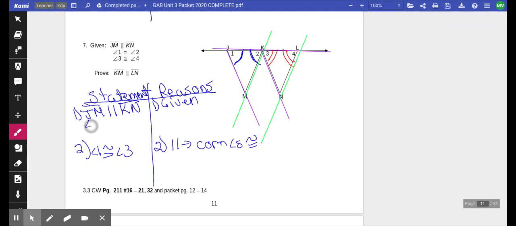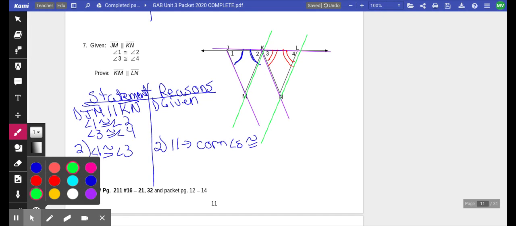My second given is 1 is congruent to 2. Okay, and 3 is congruent to 4. Oh, but wait a minute. I said 1 is congruent to 3. To get the green lines parallel, really what I want to be able to say is that 2 is congruent to 4, because those are corresponding angles.